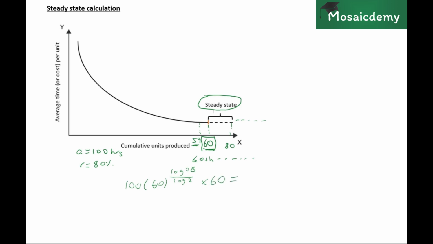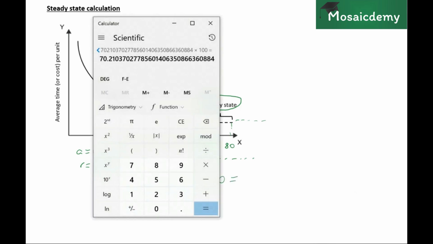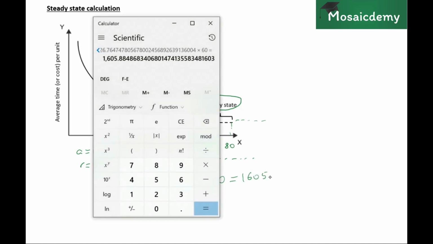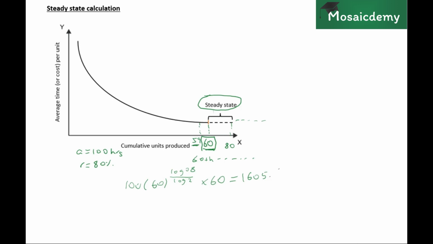So the total time for the first 60 units would be 60 raised to the power log of 0.8 divided by log of 2, into 100 to get the average time for the first 60 units, into 60 to get the total time. So 1605 hours. Let's note it down to two decimal places, 1605.88, to be more accurate.